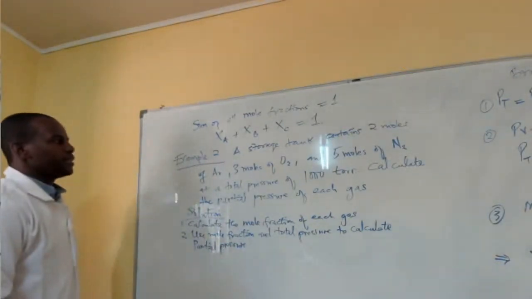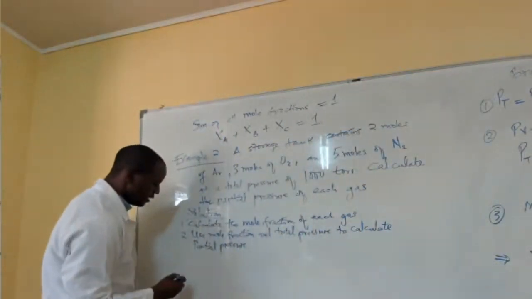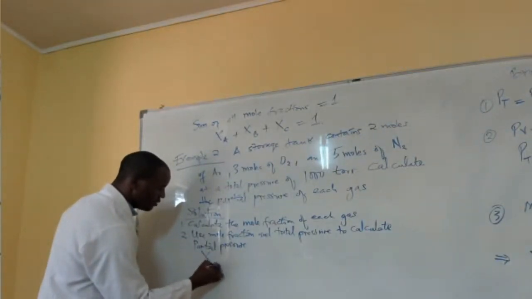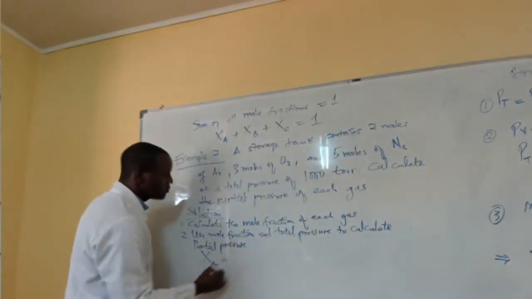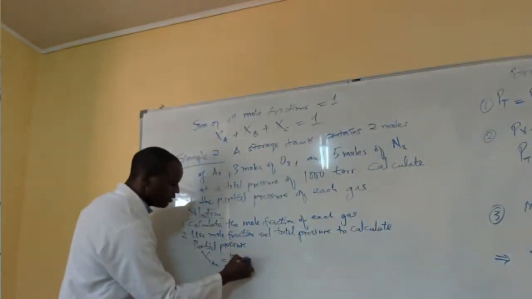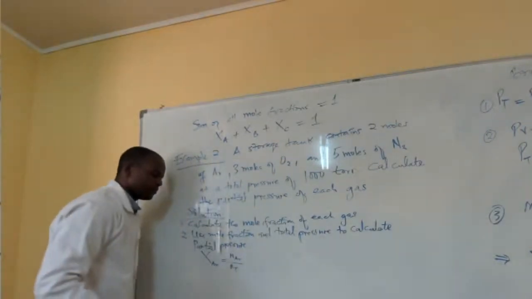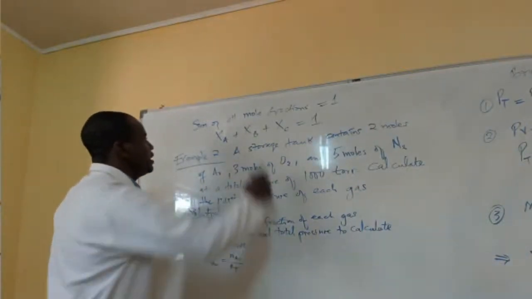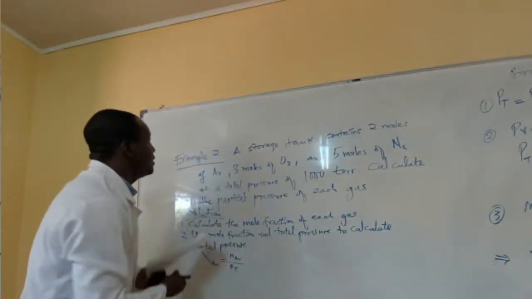We start with the first gas that is given, which is argon. The mole fraction of argon is equal to the number of moles of argon divided by the total number of moles, which is NT. Remember that the number of moles is given.